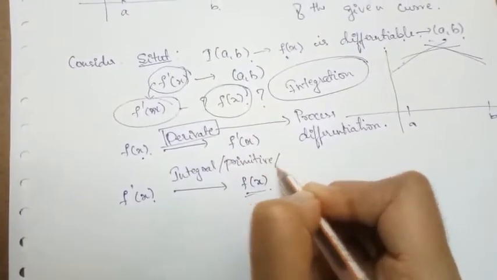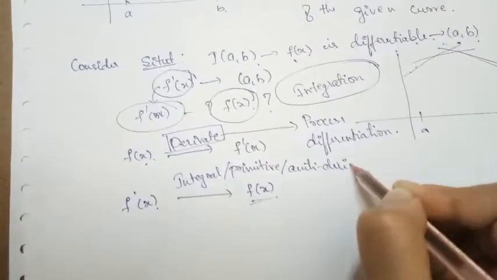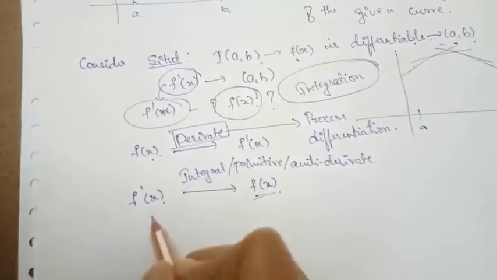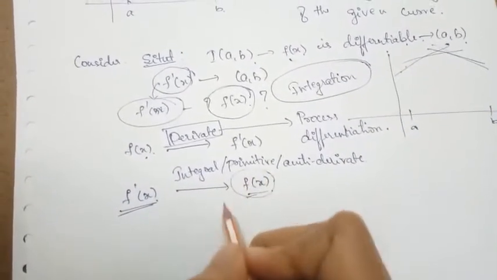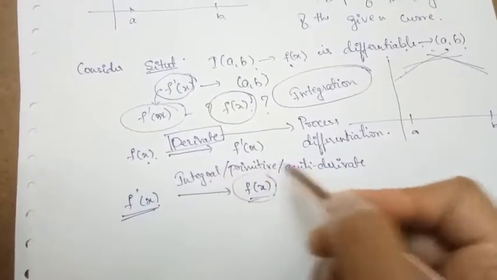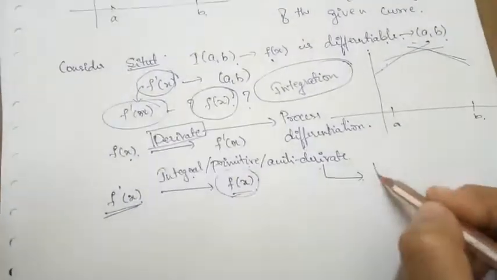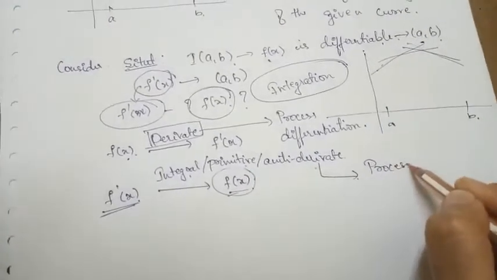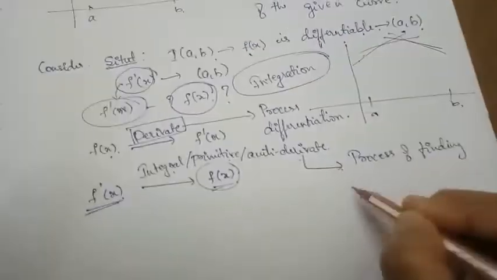It is also called an antiderivative. So it is called by various names. When they give the derivative of a function and you need to find this function, we call this function an integral or primitive or antiderivative. And the process of finding this antiderivative is called what?